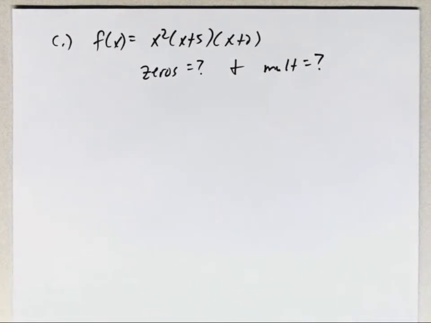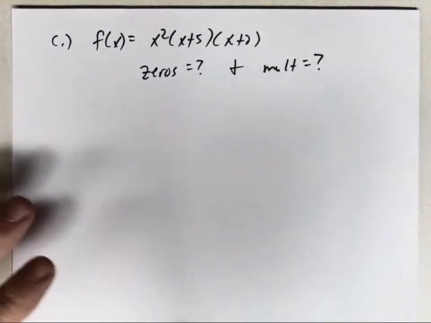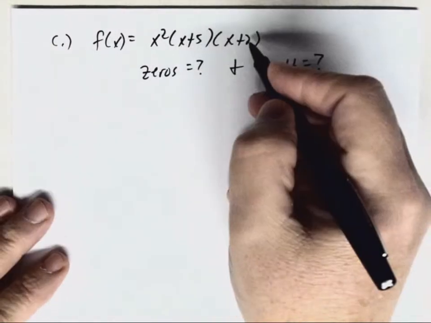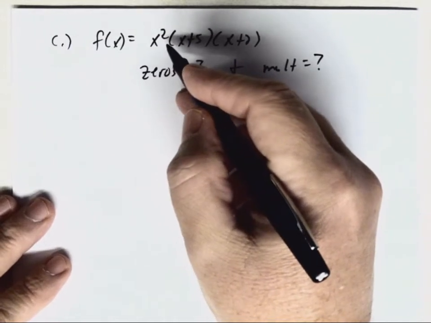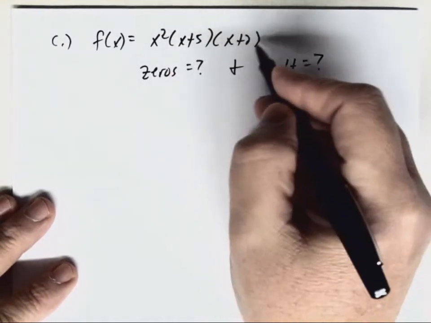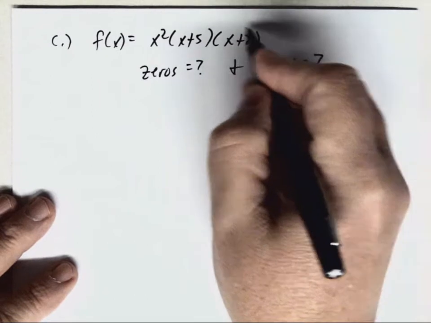Well, it's interesting. The question before, we figured out the x-intercepts. X-intercepts and zeros are the same. The zeros are the values of x that would cause the whole function to equal 0.